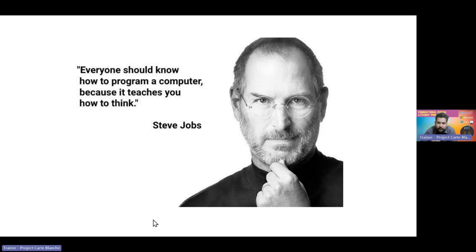For example, let me give you this quote of Steve Jobs, the Apple CEO: everyone should know how to program a computer because it teaches you how to think, right? It is for everybody.